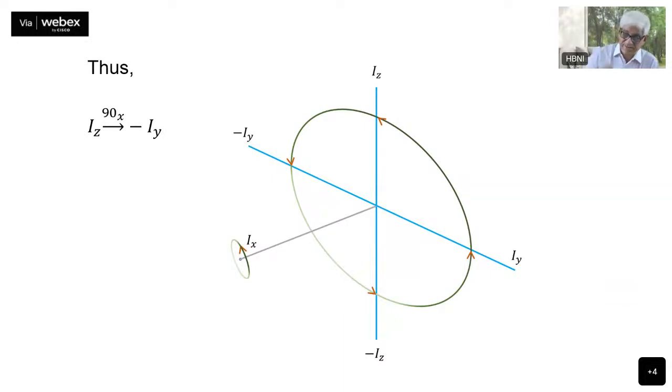It goes from Y to Z. If I apply a 90X pulse on Y magnetization, it goes to positive Z. If I apply 90X on minus Iz, it will go to Y. Z goes to minus Y, minus Z goes to plus Y. This picture is drawn very nicely, and one can see this. This is with respect to the rotation around the x-axis. We can draw similar pictures for the pulse along the y-axis, and the various rotations that can happen in this.